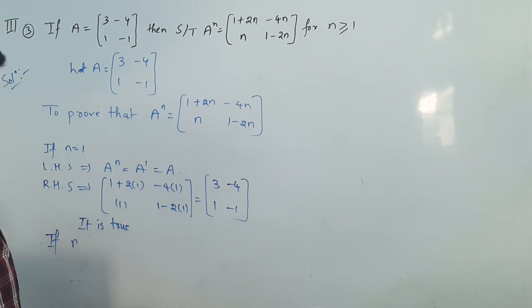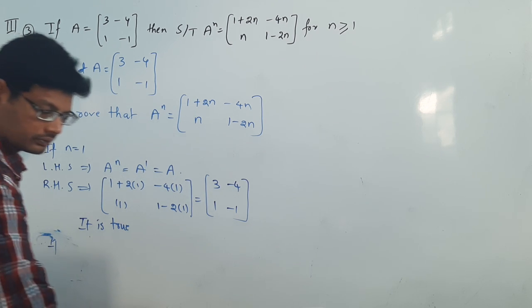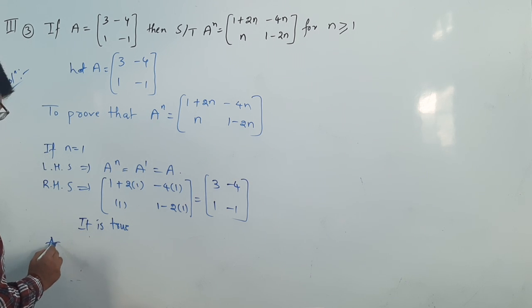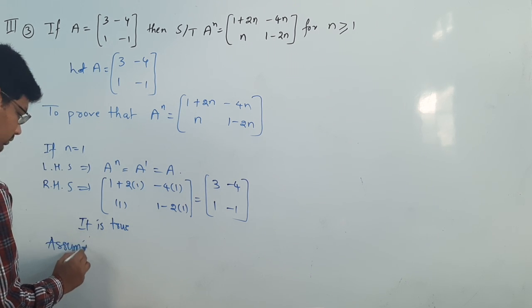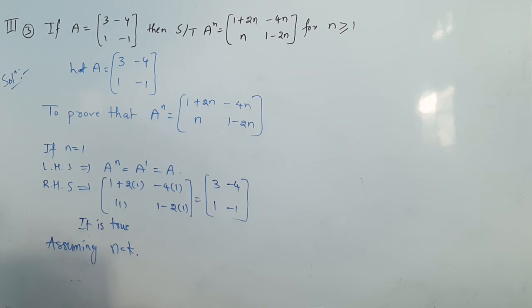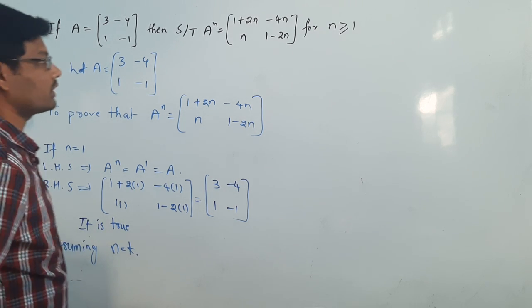Then I am assuming here n is equal to k. If n is equal to k, let's substitute n is equal to k.